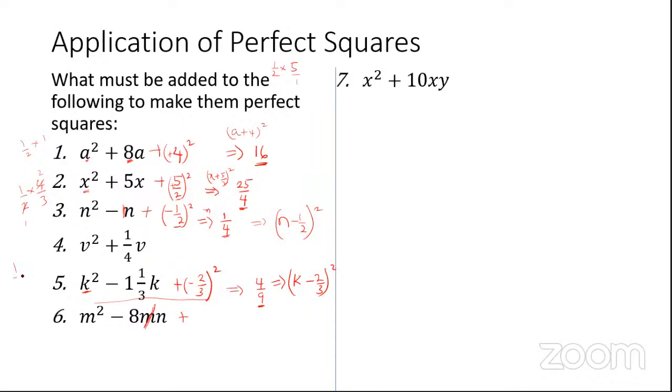Half of minus 8m. That was what? Minus 4m. Square it. When you do that, minus 4 squared is m squared. That's what must be added to make it a perfect square. The coefficient of 8n is minus 8n equal to the n.